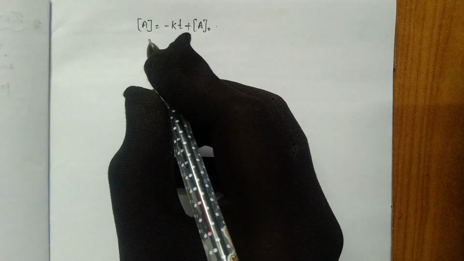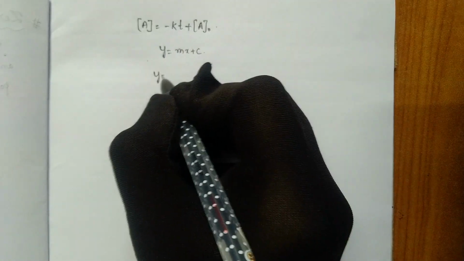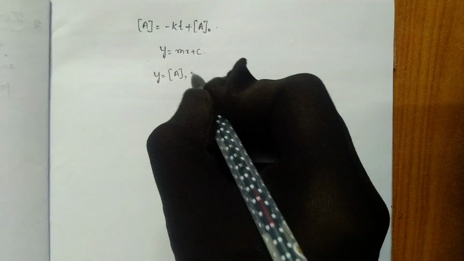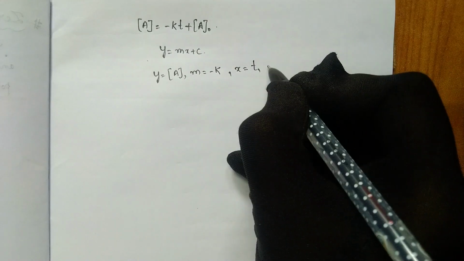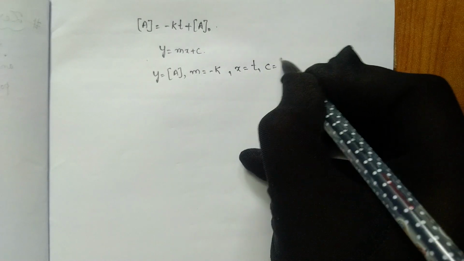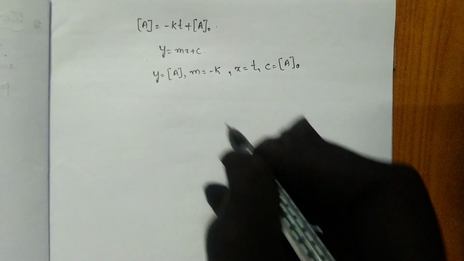Let's draw the graph between time and concentration of A. This equation is in the form of y = mx + c. Here y is the concentration of A, m is -k, x is t, and c is the initial concentration, the concentration of reactant at 0.